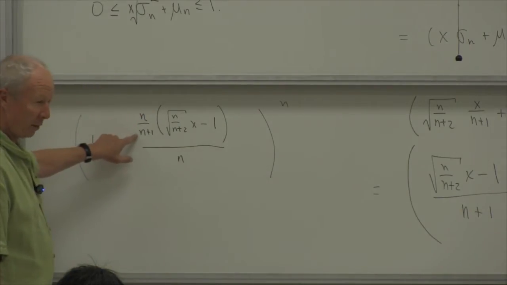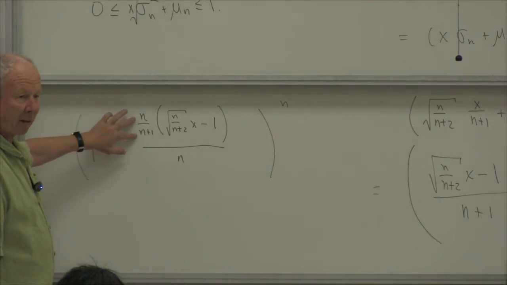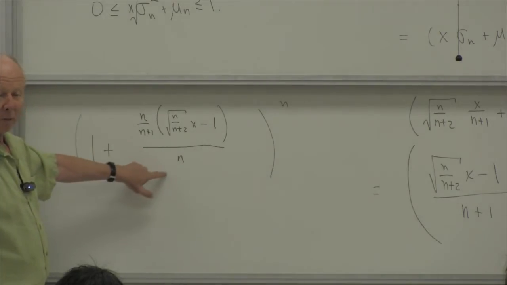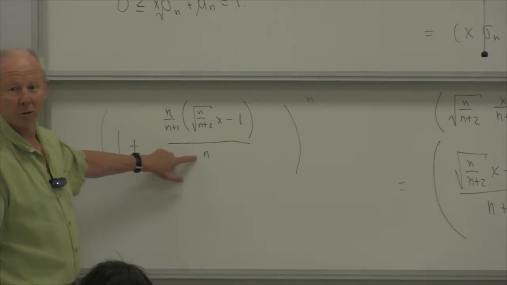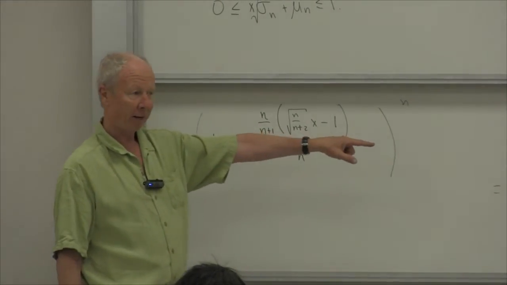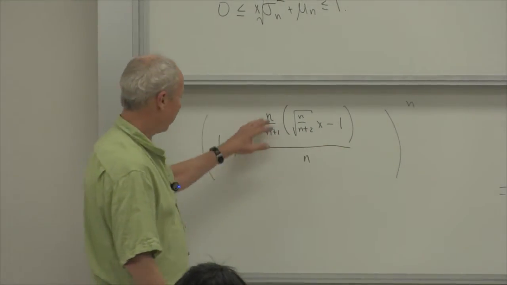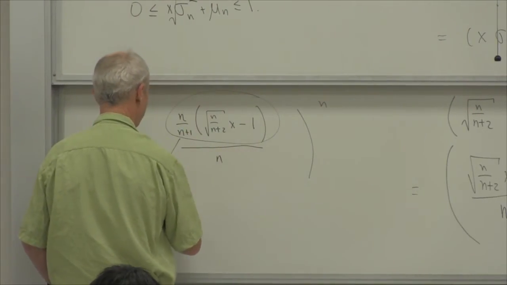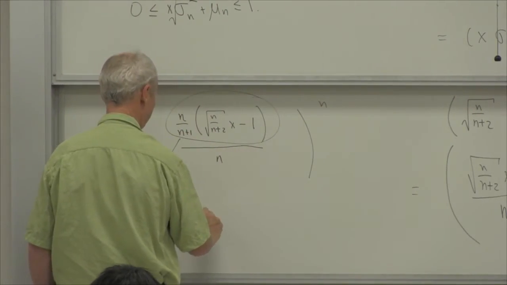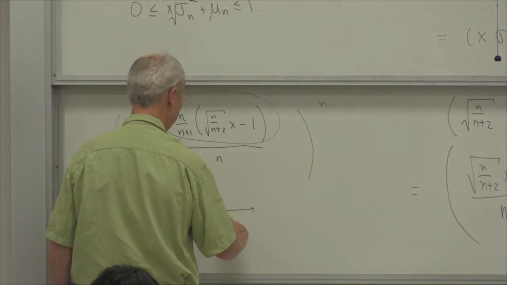See this n plus 1? That's in the denominator here, right? So that means it's the same as being down here. And when I have an n up here and an n down there, they cancel. So that gives that thing. Okay? Now, this is the an. And what does that do as n goes to infinity?